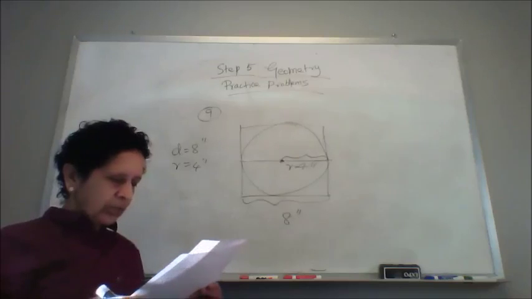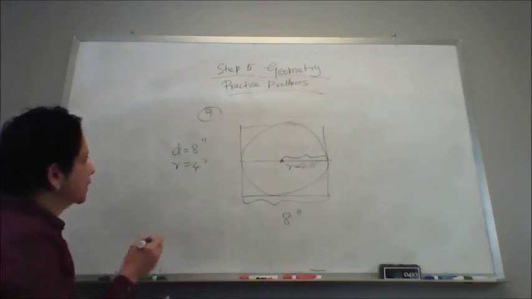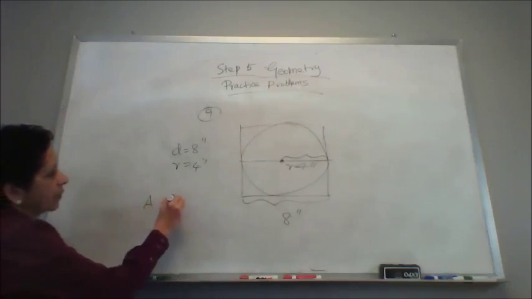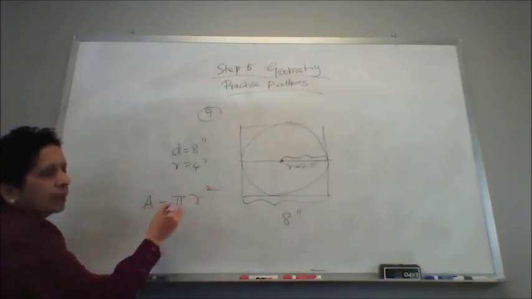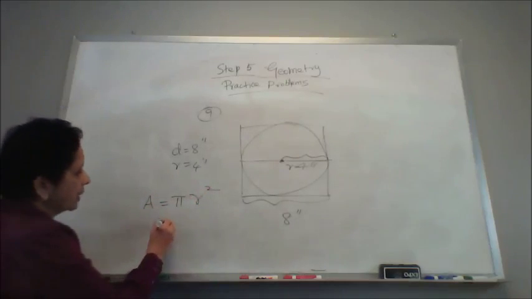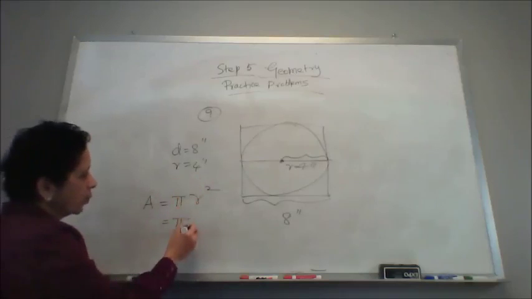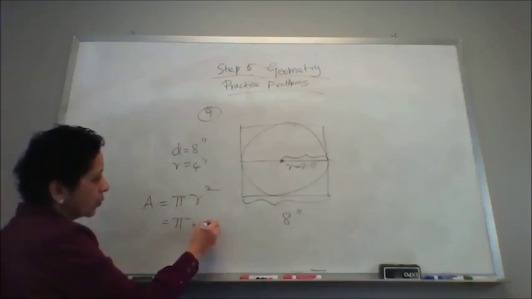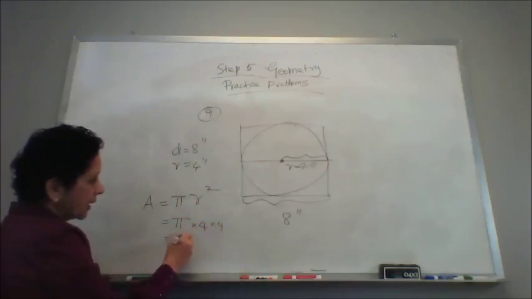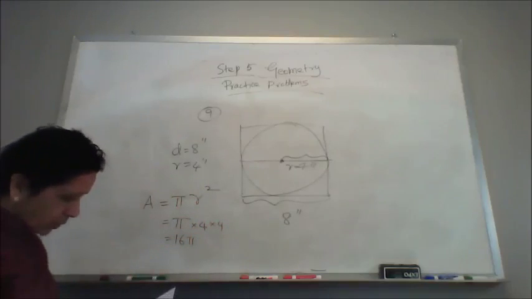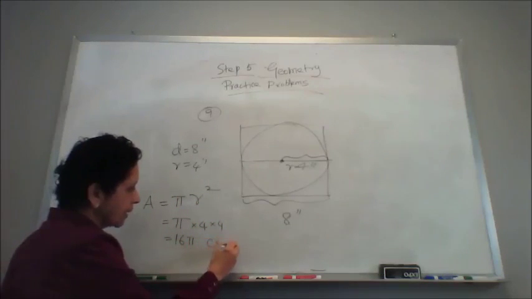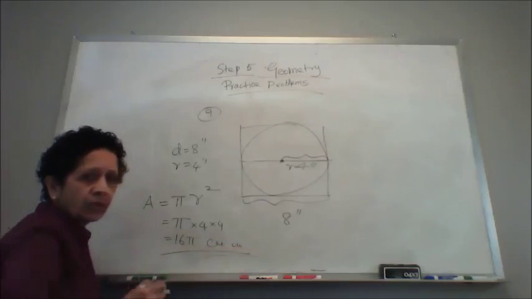So now the question is, what is the area of the circle? The area of the circle formula is pi R squared, right? So here it's pi, and then R is 4, so 4 squared, 4 times 4, 16 pi, and in terms of units, it's square inches, 16 pi square inches, so that's the answer.